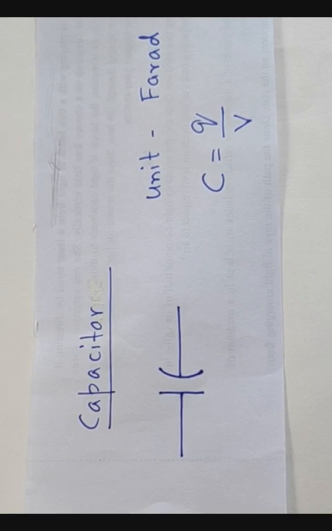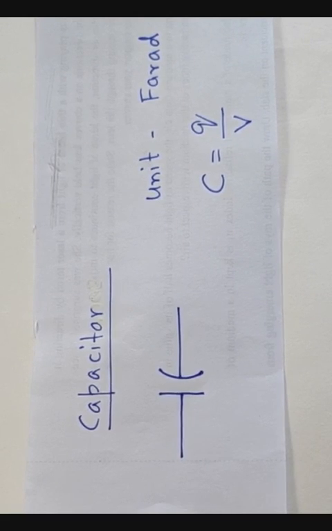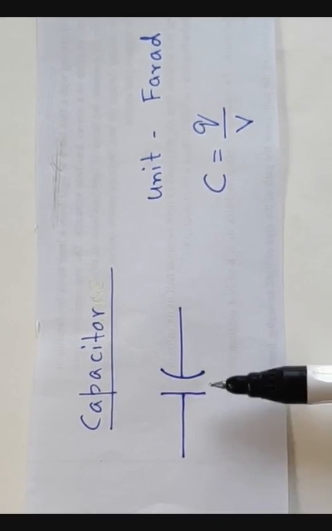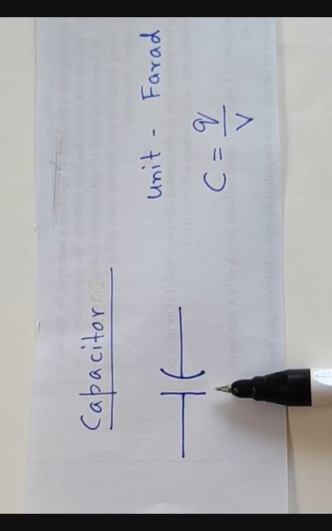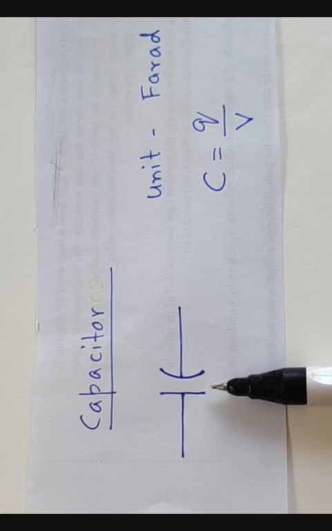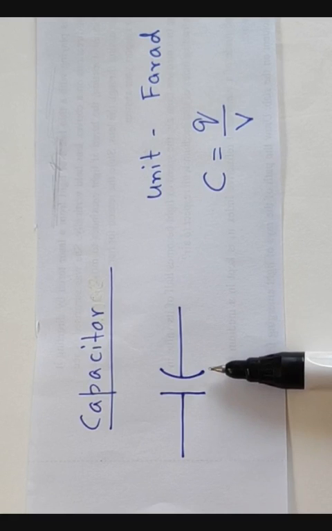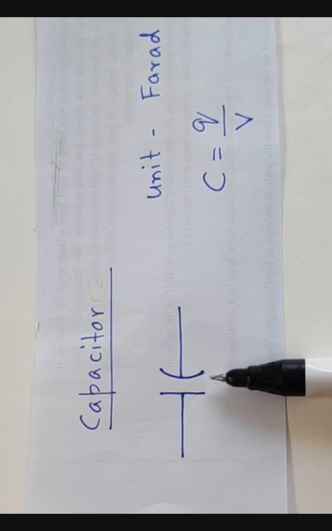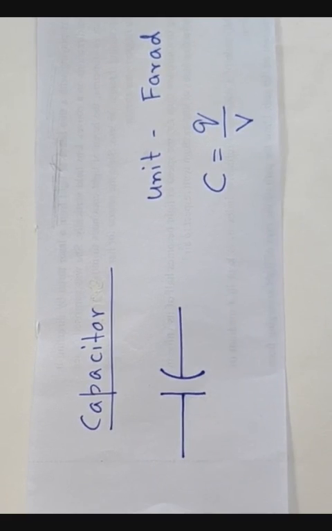Q represents charge, C is the capacitance and V is the voltage. The symbol is two equidistant parallel lines, or sometimes we represent it with a curved line in order to differentiate it from the symbol of a battery.